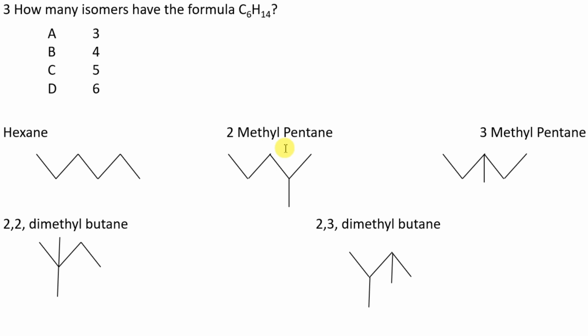Chain of 5, I've got the methyl group to account for also. I can put it in position 2 for 2-methylpentane, or position 3 for 3-methylpentane. Done with the chain of 5. Move to 4. 4 in a chain, I can have my 2 methyl groups on position 2, 2,2-dimethylbutane, I can have them in positions 2 and 3, 2,3-dimethylbutane.